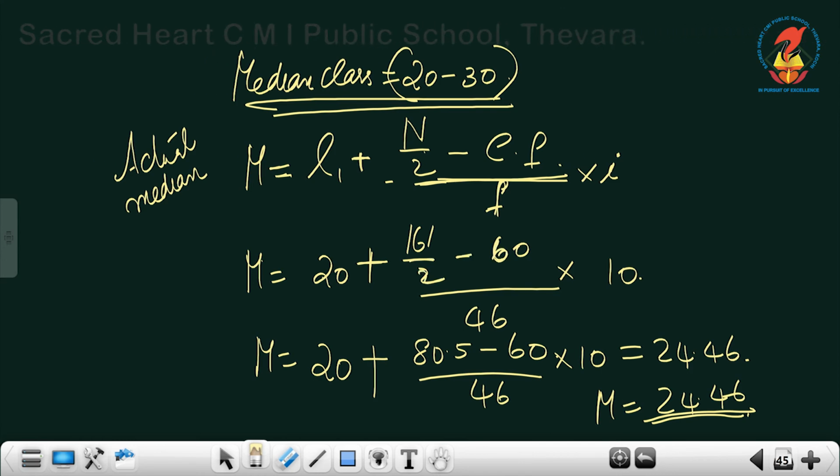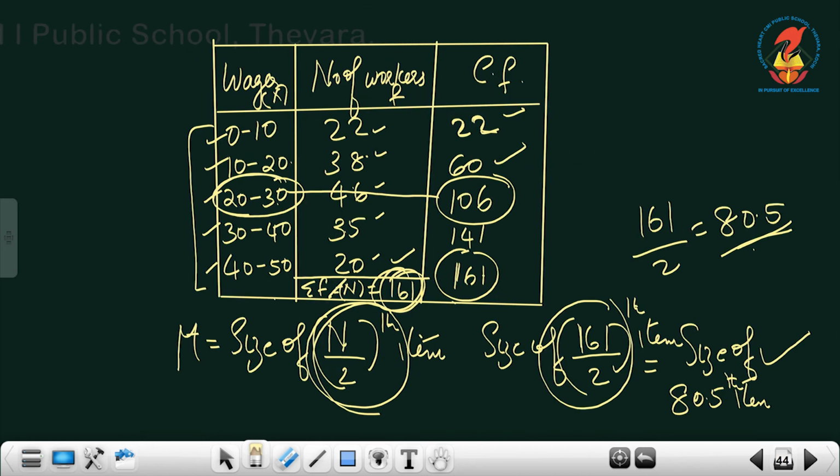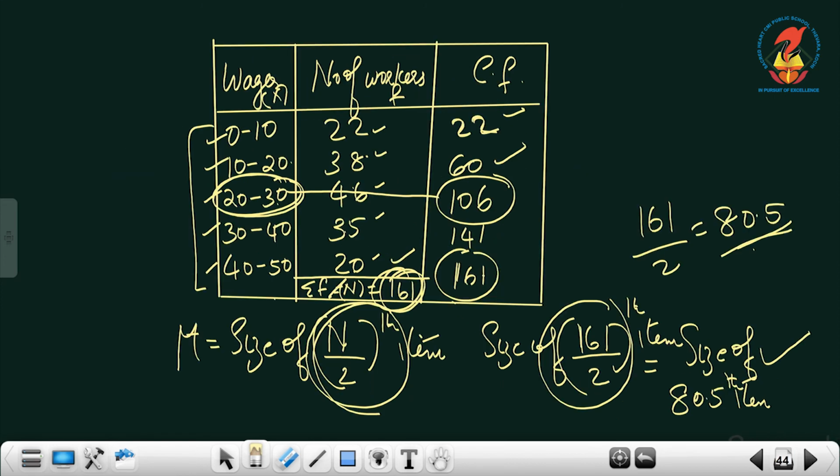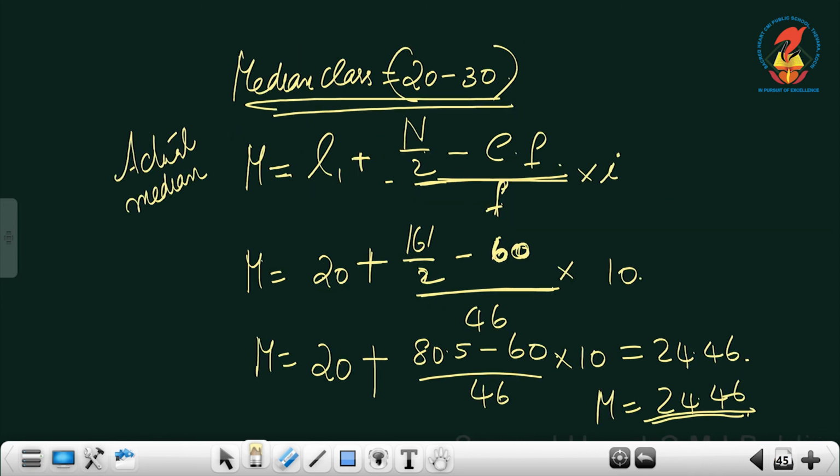I told you the cumulative frequency should be the one which is preceding the selected median class. The selected median class is 20 to 30. Now, the cumulative frequency preceding that is 60. So, that should be the one which you have to write here. Then divide by f. F should be the frequency of the same class. See, 46 is the frequency of the same class, into i, meaning the width of the class, which is the median class here, 20 to 30.